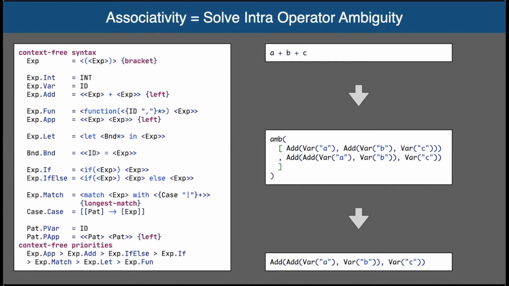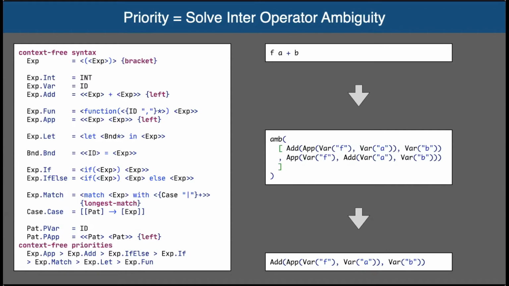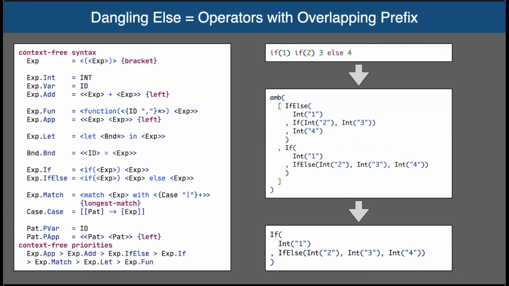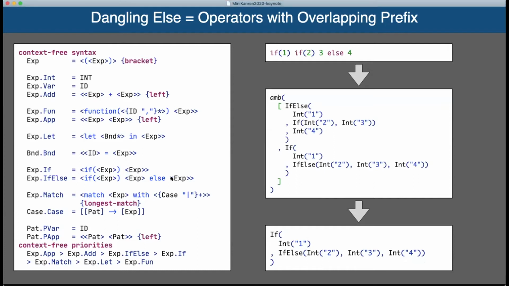So conceptually, this is the model that you provide. And this includes things like dangling else, right? So here we have if then else. So we have an if and an if else that is ambiguous. And a typical way to disambiguate this is to say, well, the else belongs to the closest if.